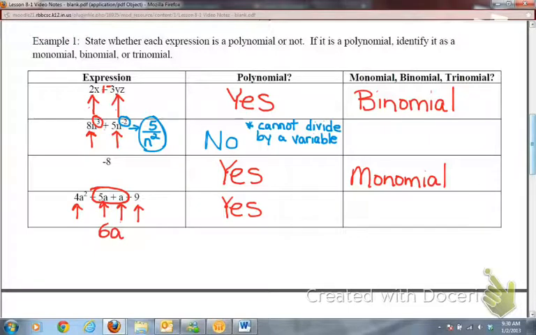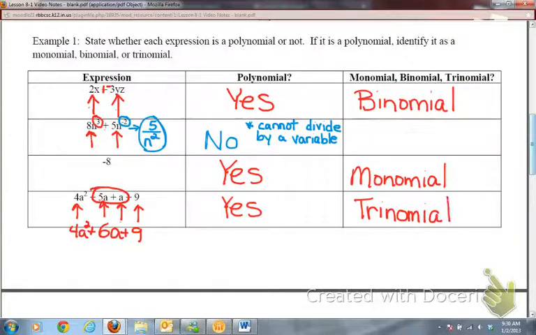So this long polynomial can be simplified into 4a squared plus 6a plus 9. And so that has 3 terms, and that makes it a trinomial. So if you can simplify them, you do, to classify them.